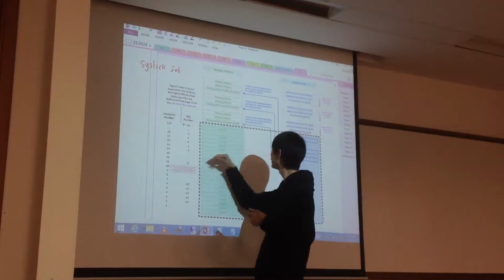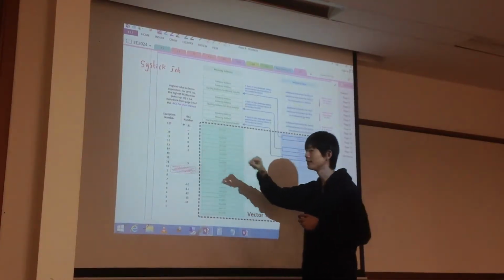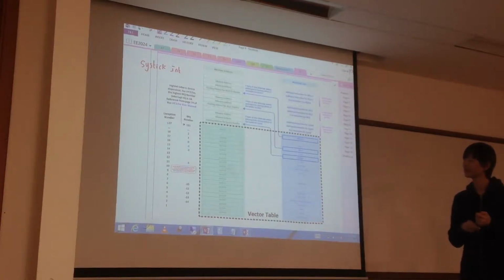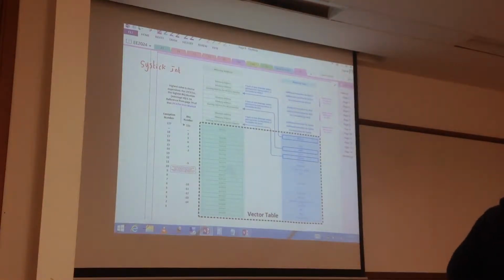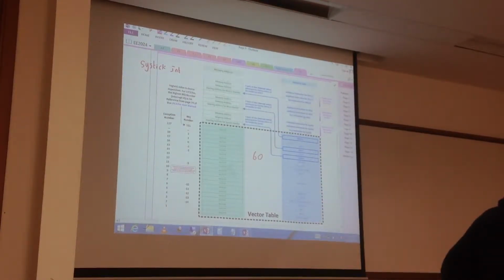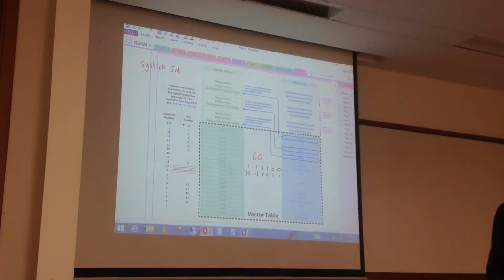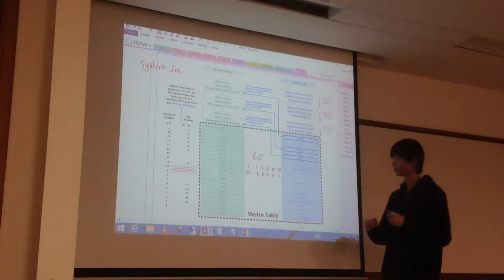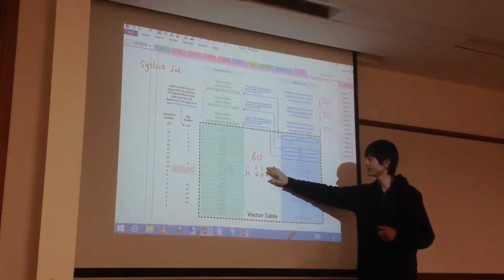What will happen is it will do some calculation: 15 times 4. What is 15 times 4? It is 60. Okay? What is 60 in binary? So 60 in binary is, let's see, 32, 16, 8, 4, 2, 1. So it should be 1, 1, 1, 1, 0, 0. Right? So 32 plus 16 is 48, plus 8 is 56, plus 4 is 60. 60 in binary is this.